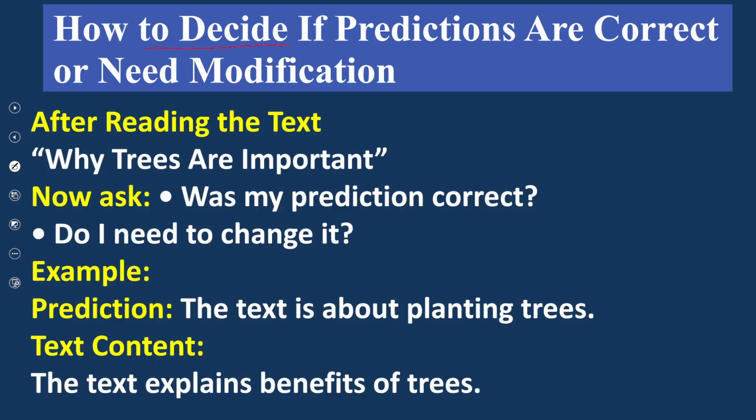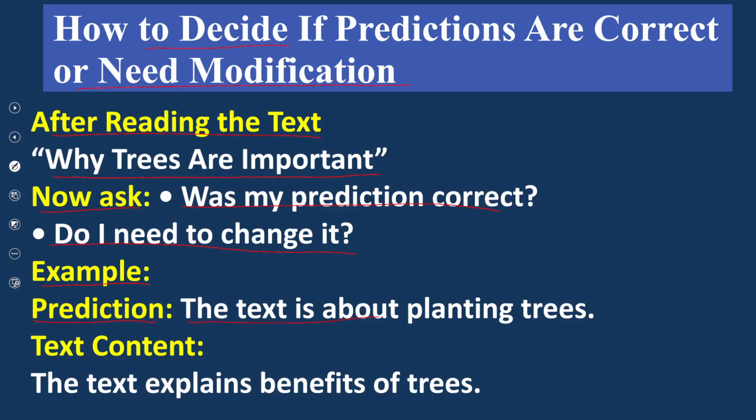How to decide if predictions are correct or need modifications. After reading the text, what is the text? Why trees are important. This is the title. After reading the text, the reader will ask: was my prediction correct? Do I need to change it? Now, look at the example of how we can apply this here.